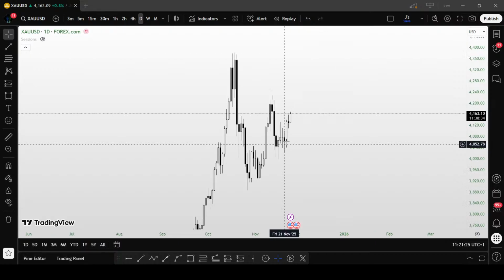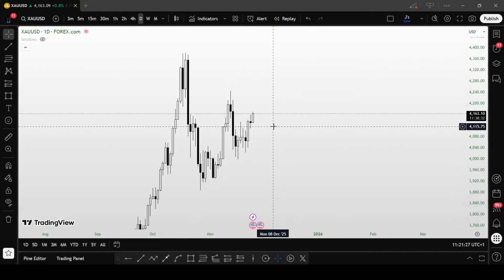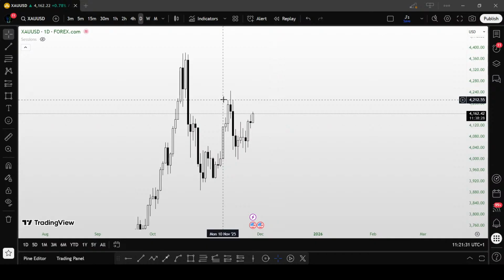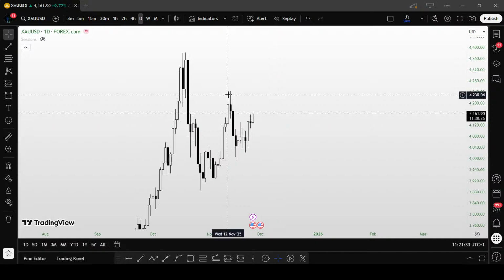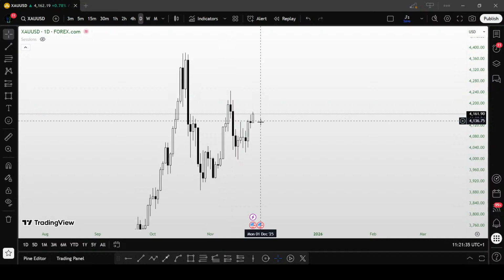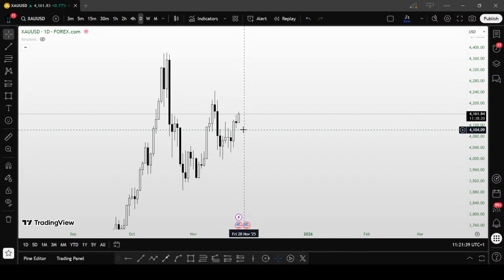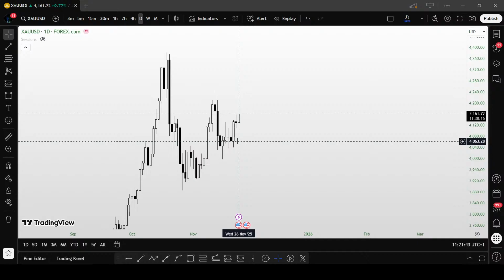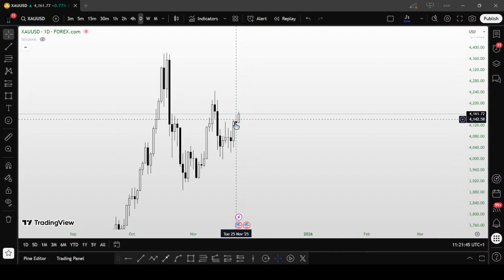Apparently we are trying to push back to the upside. Previously I said that this is a failure swing, and seems like I was wrong, or maybe something changed in the fundamental section. Currently we're going up. We had a little bit of an indecision candle over here. I don't know what for, but today we're pumping.